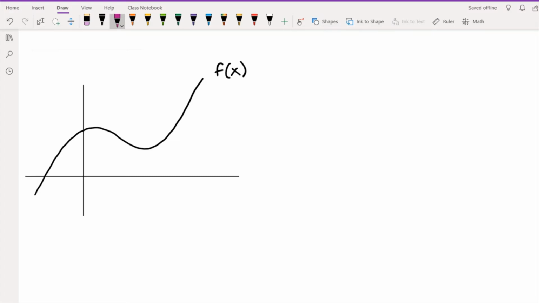So if you draw a line that connects 2 points in your graph, so I'm going to call this number here A. I don't know exactly what these numbers are, but let's just say we have A and we have B. So if I draw a line segment that connects the point at an x value of A and an x value of B, this is what's called the secant line from A to B.